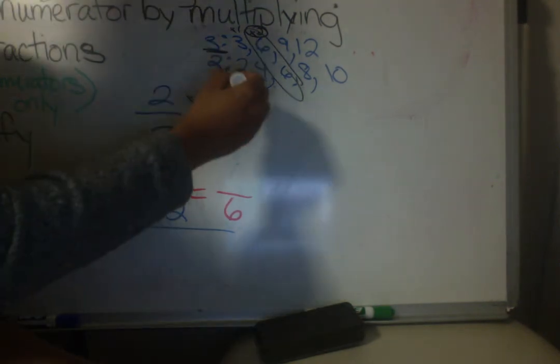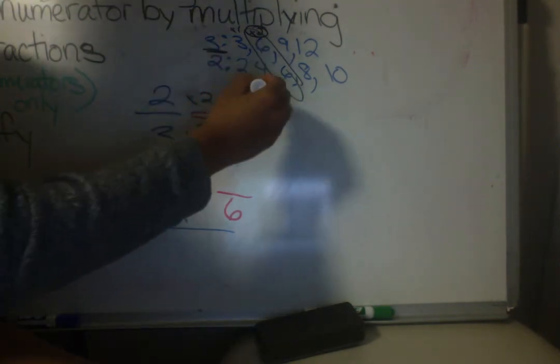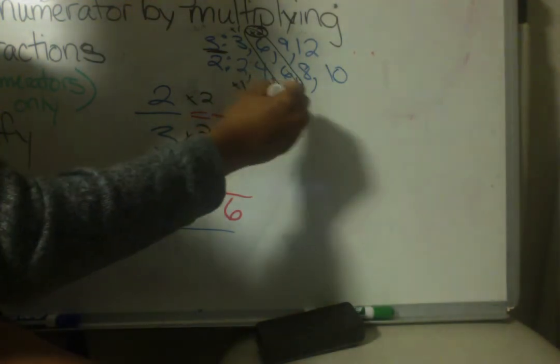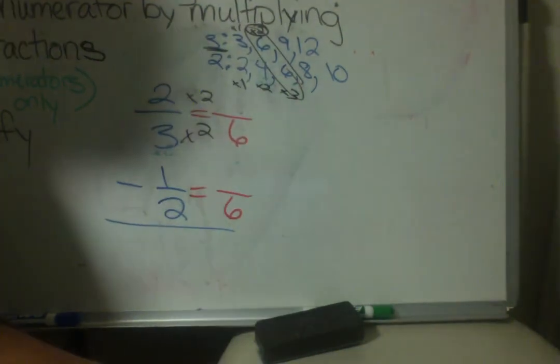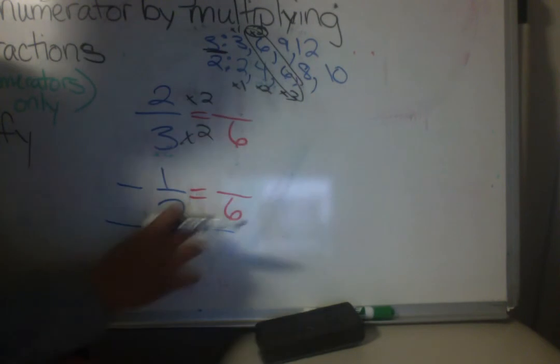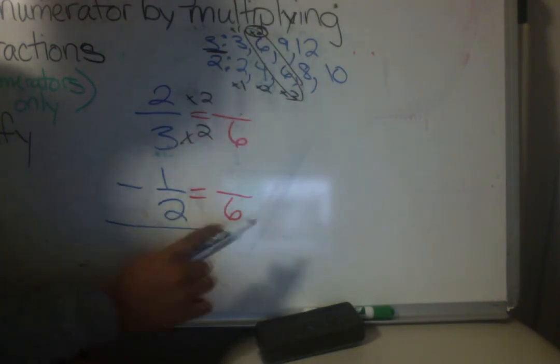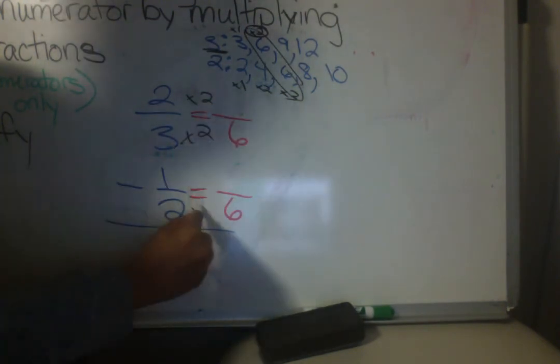For the 2, 2 times 1, 2 times 2, 2 times 3. So this can help you figure out what number goes here. I multiplied by 3 on the bottom.